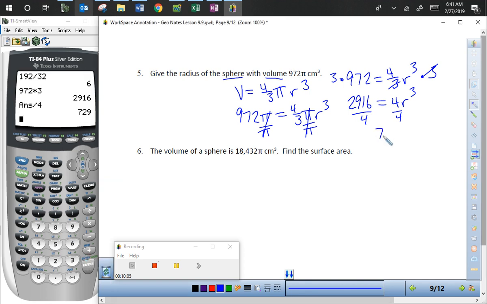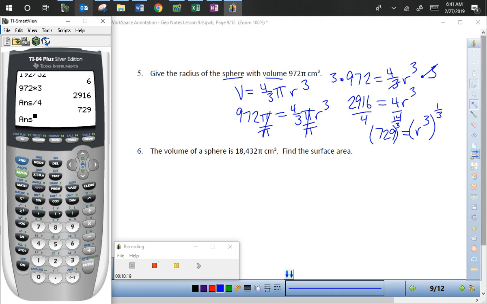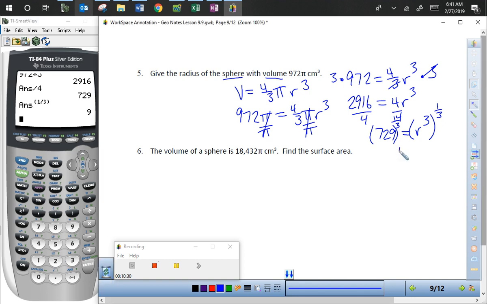And that 729 equals r cubed. Again, we've got a cube, so remember we're taking that to the 1/3 power on both sides. You may, on your calculator, have to write it in parentheses, 1 divided by 3. So if for some reason you're not getting the same answer as I do when we type this in, just put parentheses around that and it should work for you. And that gives you r equals 9. Our label here is centimeters.